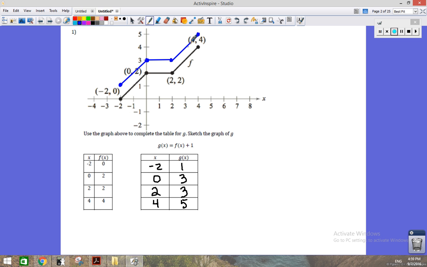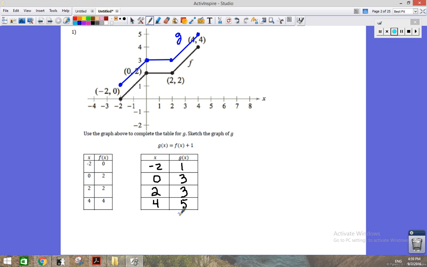So the original function f is there in black, and now this new function g is here in blue, and it tells us the relationship between g and f was to take the output of f, to take these y coordinates and add 1.